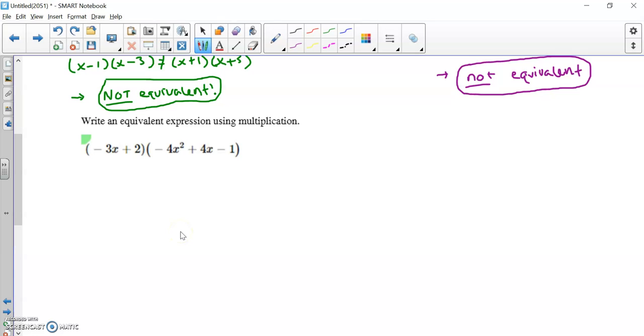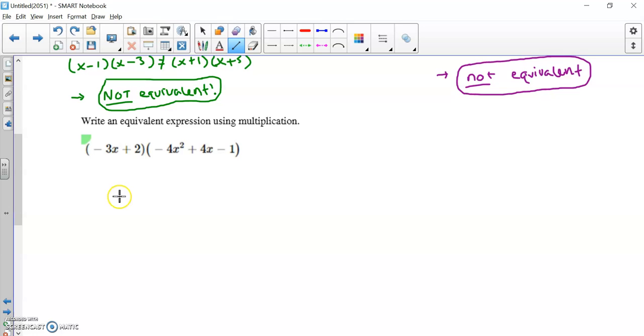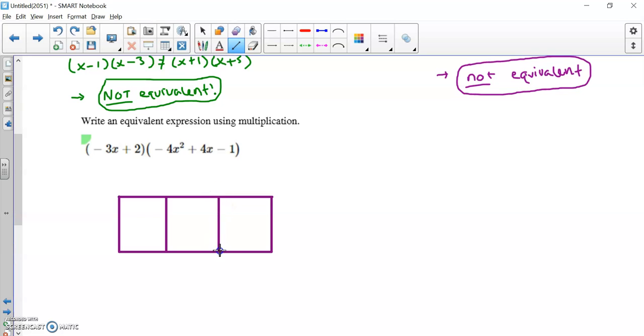So, lastly here we have more multiplication of polynomials, but this time this is the kind that requires that 2x3 box, because this one has 2 terms and this one has 3. So here we have our 2x3 box.